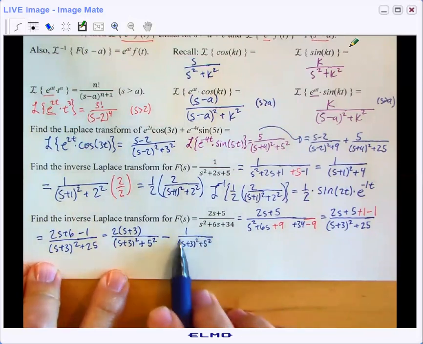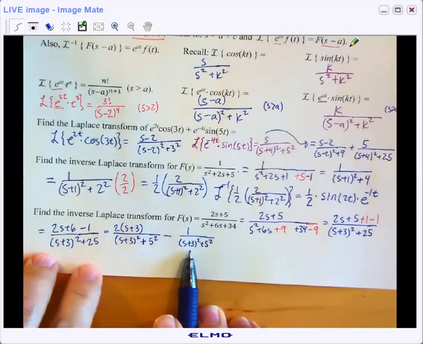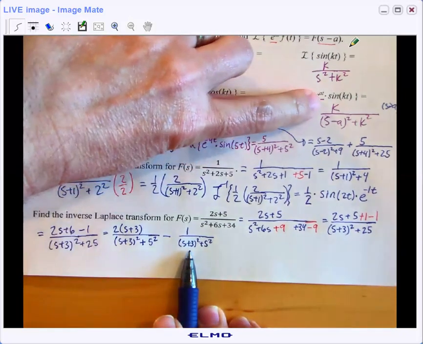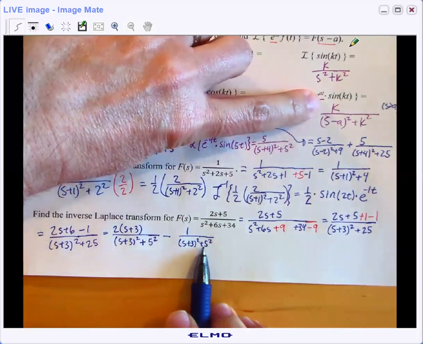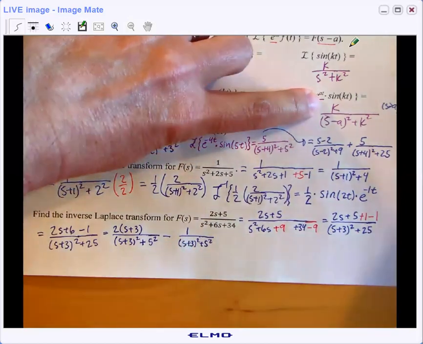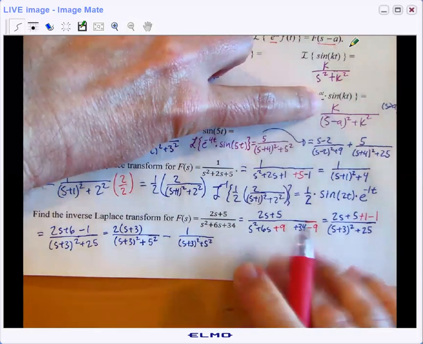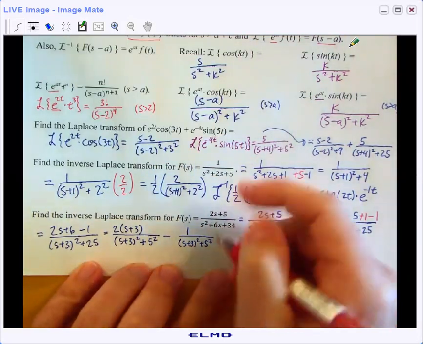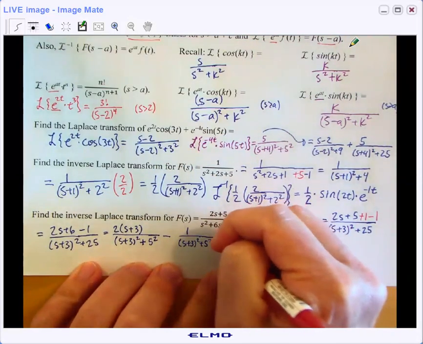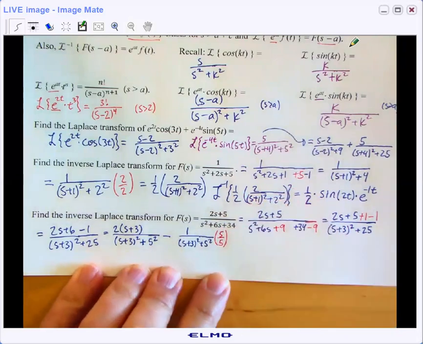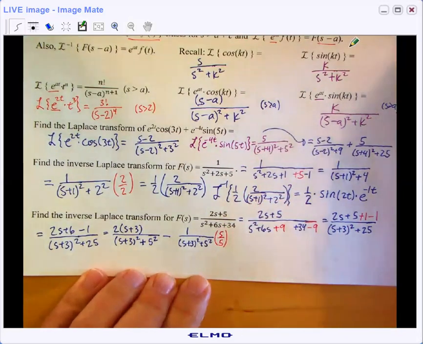This one's looking closer to something we recognize, but there's a small problem. We would need a 5 in the top. Well, when we don't have something that we need, we make it. So let's multiply by 5 and 1/5 and see what we've got now.